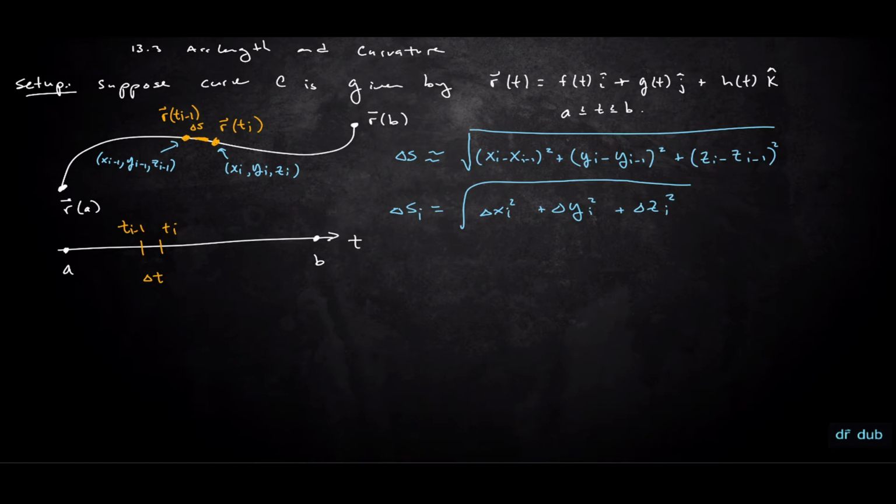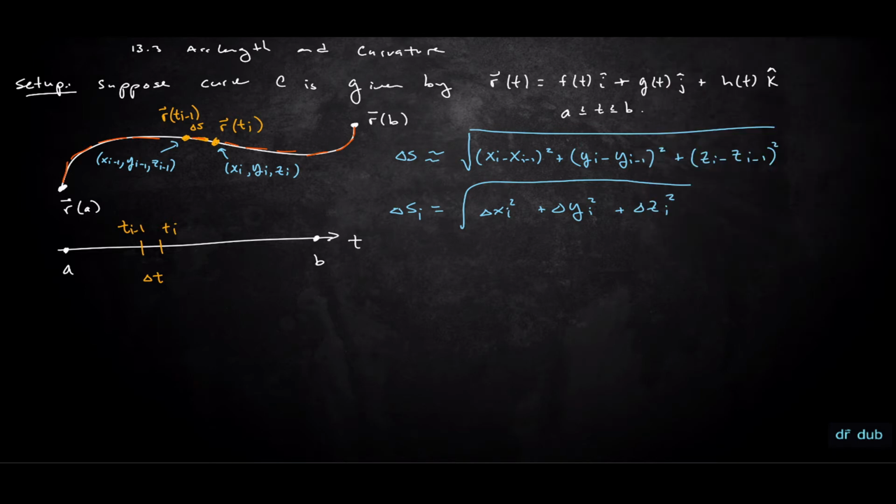And now, if we want to find the arc length of the whole curve, we just make a bunch of little straight lines and approximate the curve with those straight lines, add up those distances, and that would be approximately the arc length.